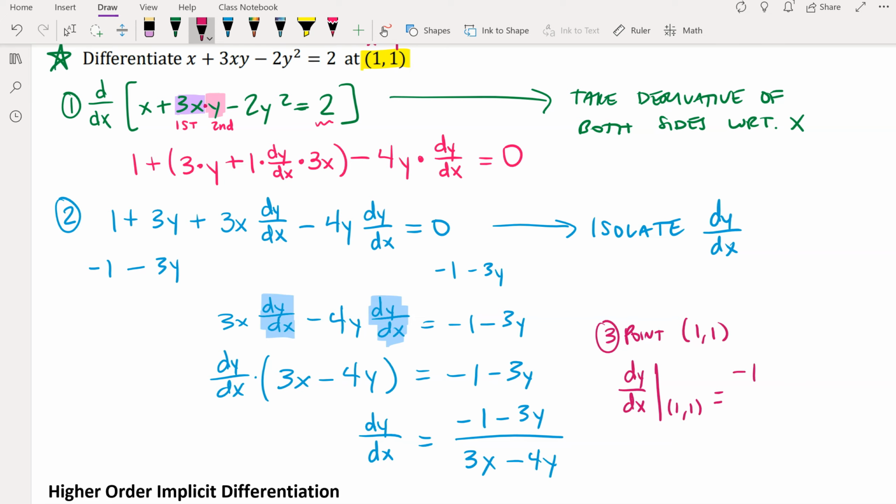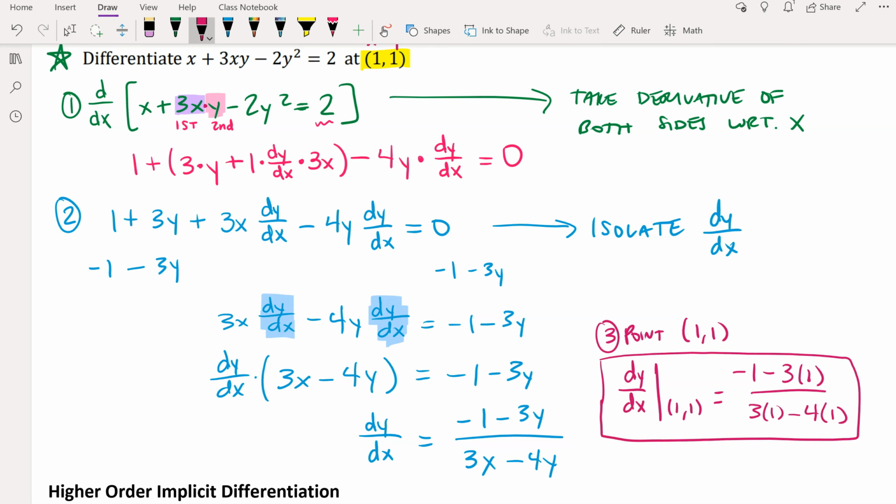So we have minus 1, minus 3 times 1 for y, and then we have 3 times 1 for x, minus 4 times 1 for y. We do not have to simplify. So our final answer is right here. Boom, done.